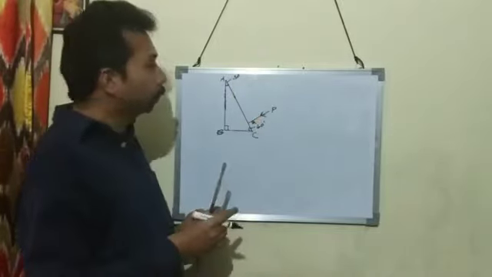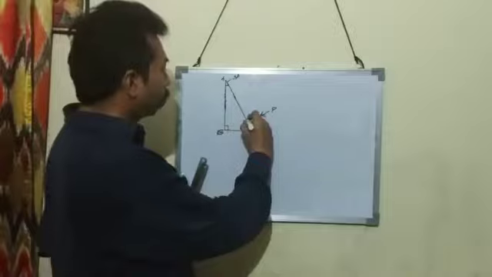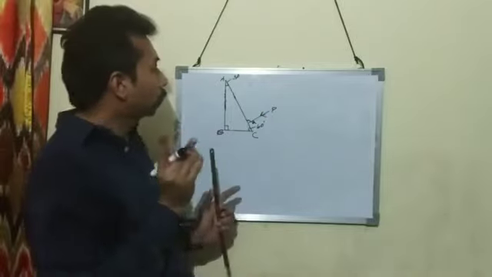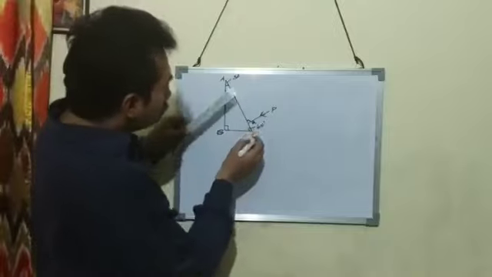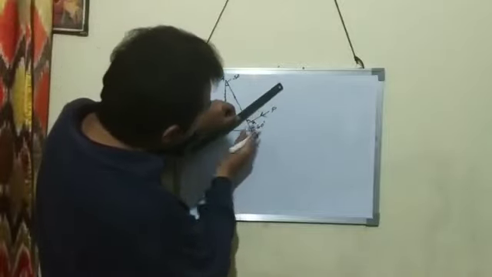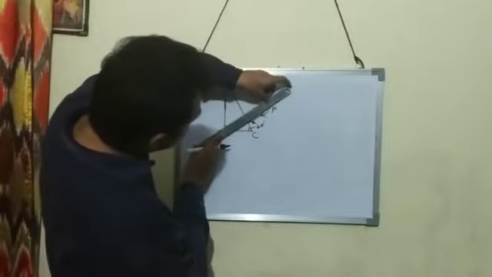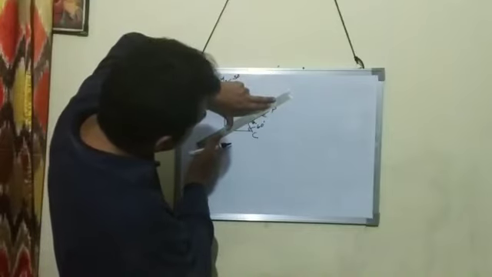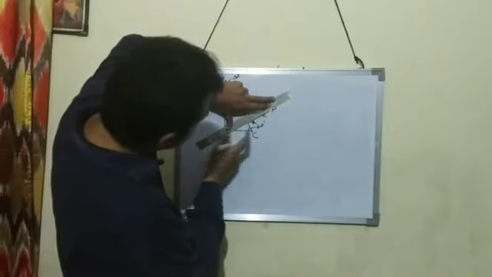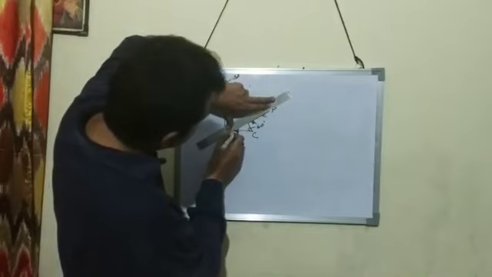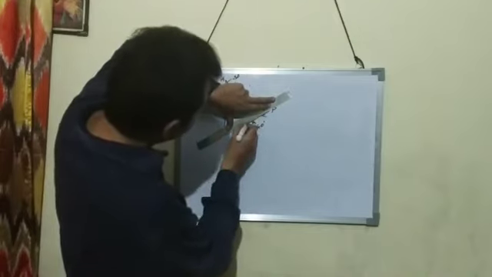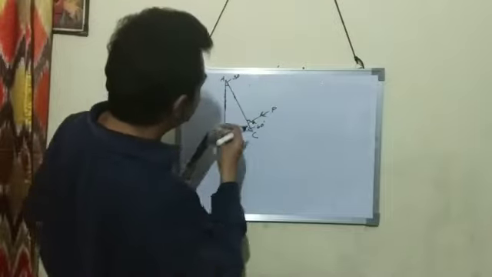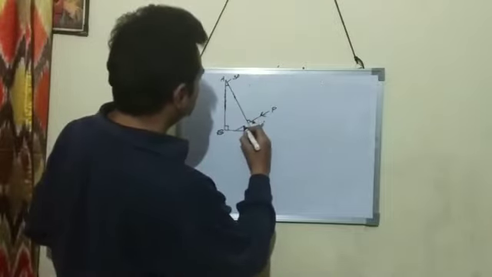So what is the angle of incidence on AC? Since it comes normally, the angle of incidence on AC is 0 degrees. Now it comes normally, so it will pass undeviated. The ray goes undeviated.